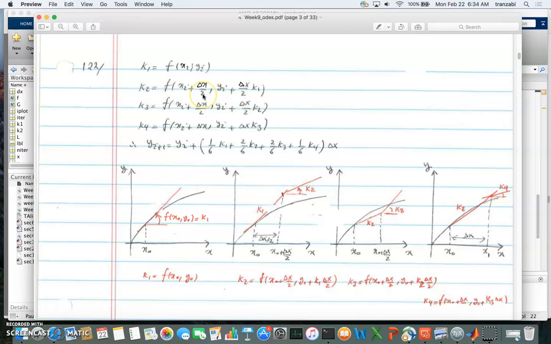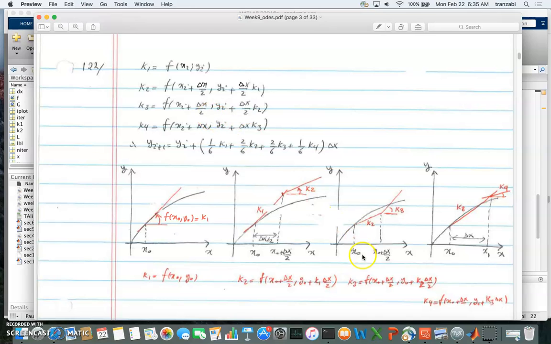In this line, we approximate the slope by the slope of the tangent at this xy, which means from x0 we go forward delta x divided by 2, and then evaluate the slope right here, which is about the slope of this line. And this does not necessarily land on the curve. If this is the exact solution, because of the error, this point is a little bit higher than the corresponding point on the curve.